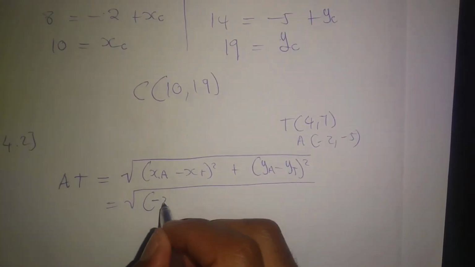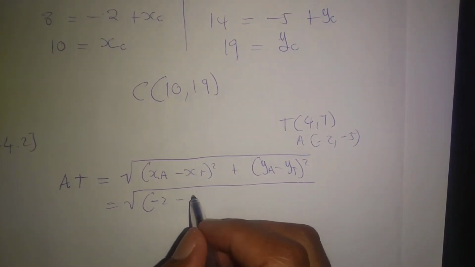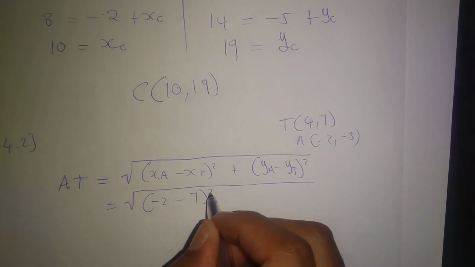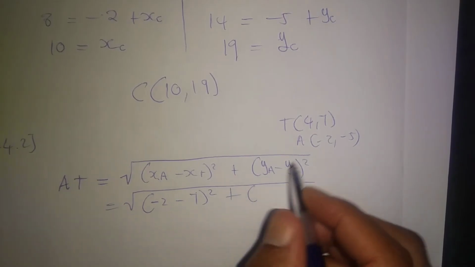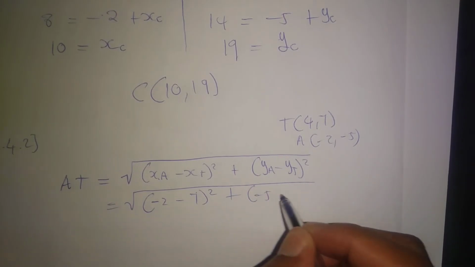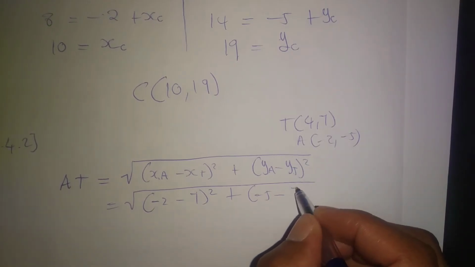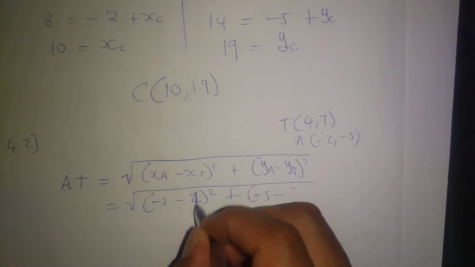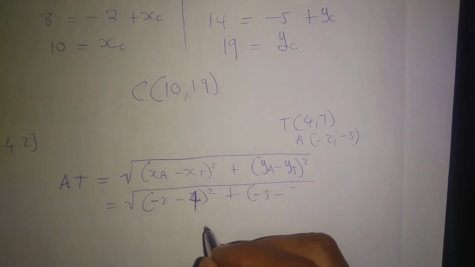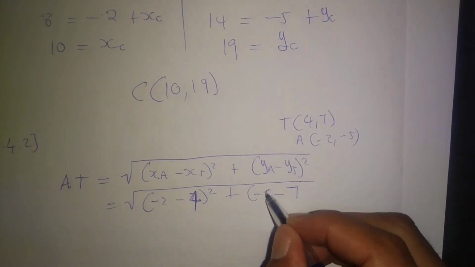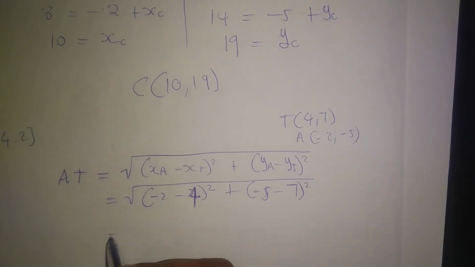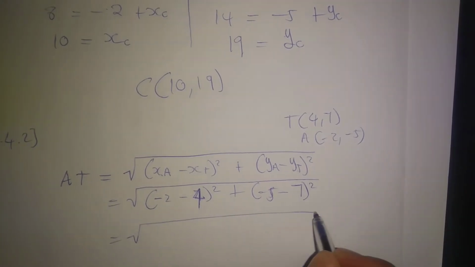I'm given now. So it's minus 2 minus 7 squared plus ya, it's minus 5 minus yt. Oh, xt it's 4 here, not 7. It's 4. And then here it's 7 squared, all under the square root.